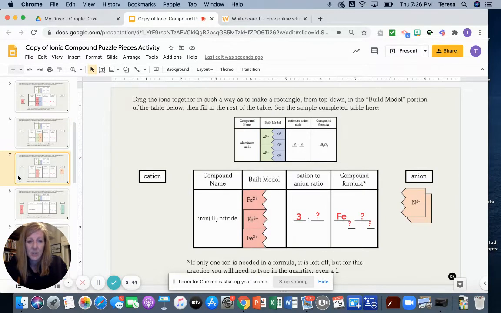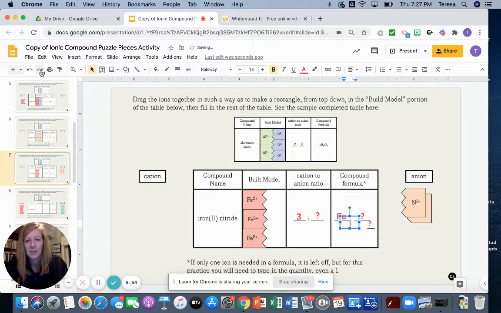This is iron 2 nitride. Kind of funky, right? They have the same name, but it's 2 versus 3. Iron 2 nitride will have 3 irons. How many nitrogen ions will they need in order to cancel out these 6 positive charges associated with iron?